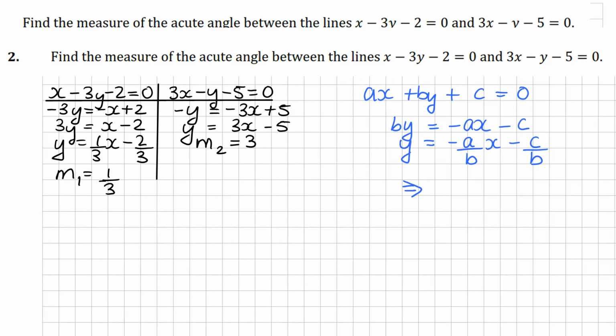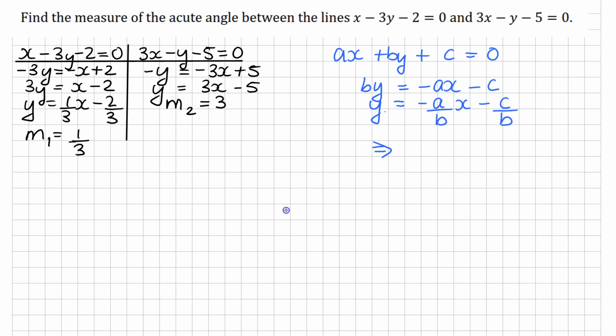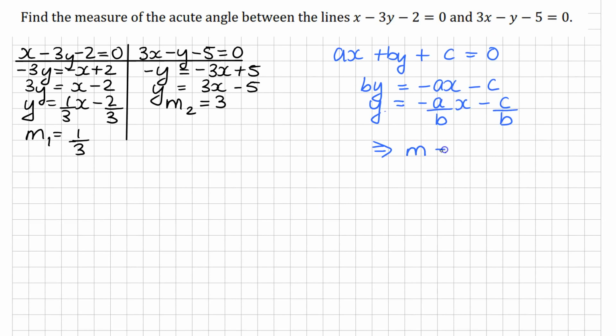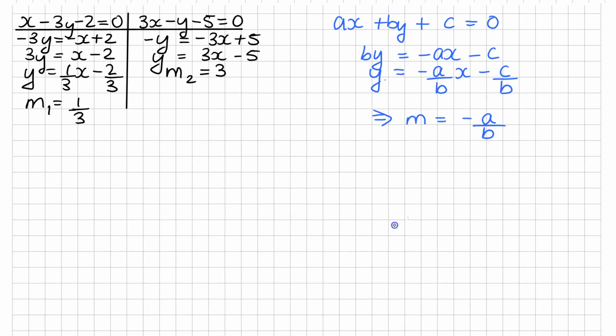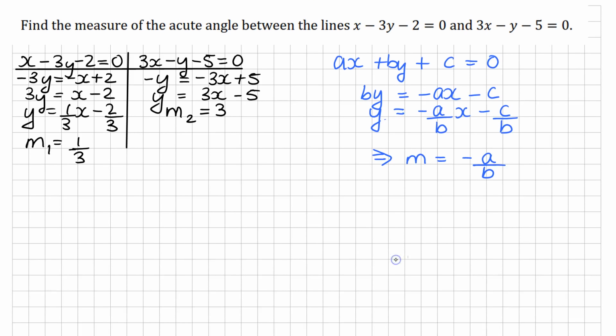So this implies the slope of any line like this is actually equal to minus a over b. So this is the x coefficient on top, and this is the y coefficient on the bottom.